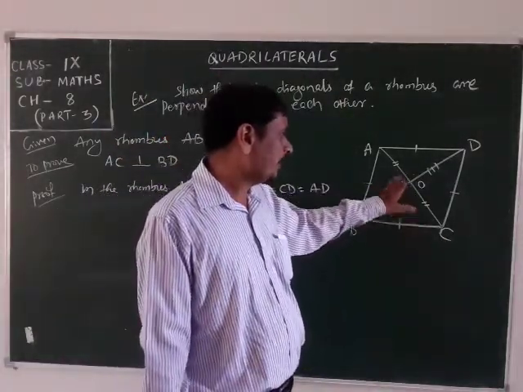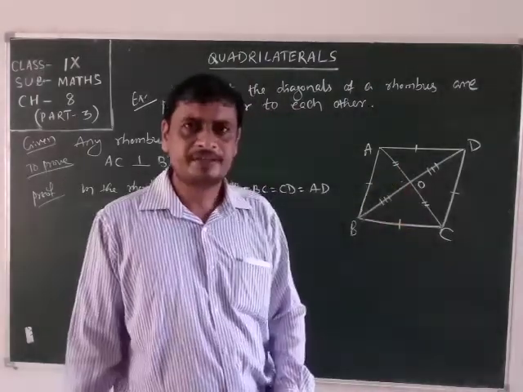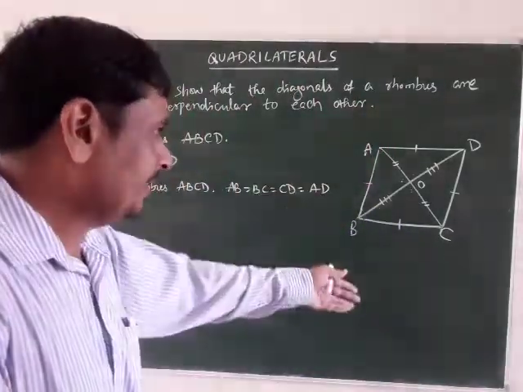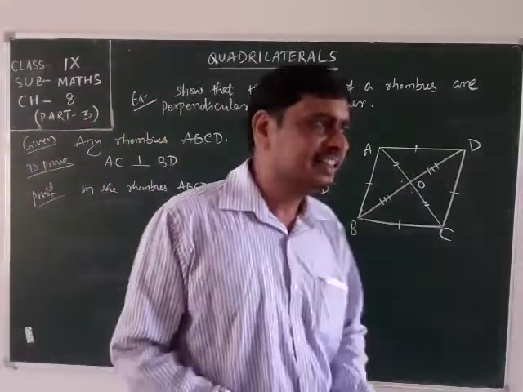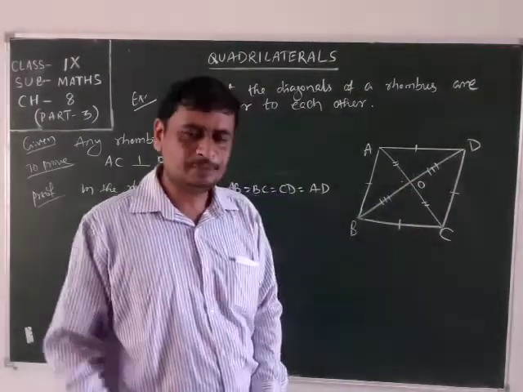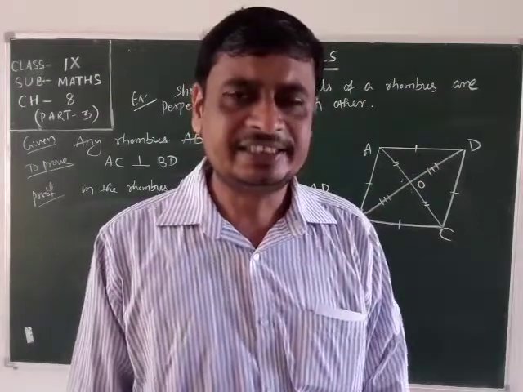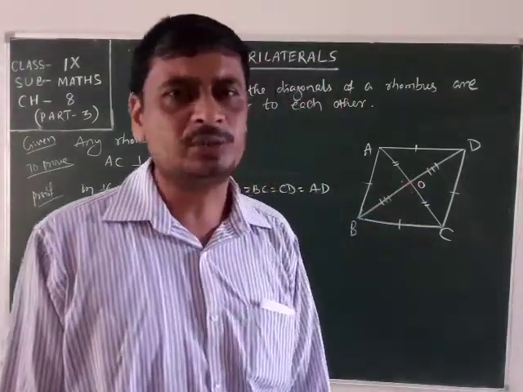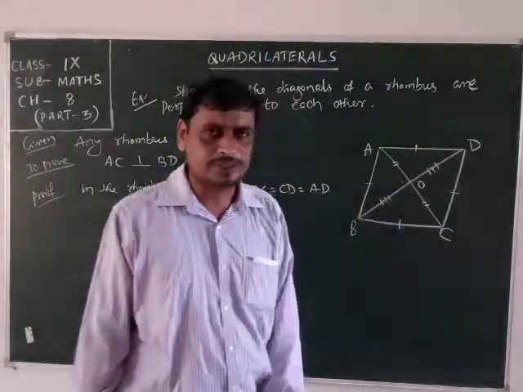After getting these two angles equal, their sum is 180 degrees due to the linear pair. So if their sum is 180 and both angles are equal, then each angle becomes 90 degrees. If these two are 90 degrees, these two are also 90 degrees by vertically opposite angles. In this way, each inclination is 90 degrees, and both diagonals become perpendicular to each other. So first we take any two triangles and make them congruent.